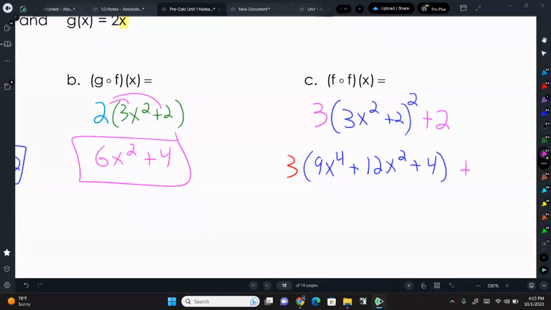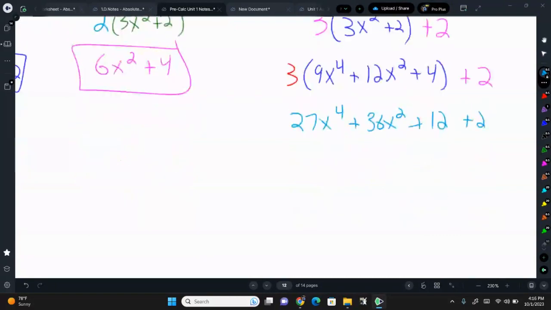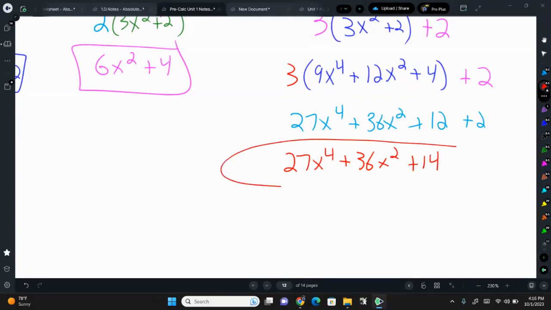And then we still have that plus 2 at the end. We'll distribute that 3. So we get 27x to the 4th plus 36x squared plus 12 plus 2, which then gives us a final answer of 27x to the 4th plus 36x squared plus 14.